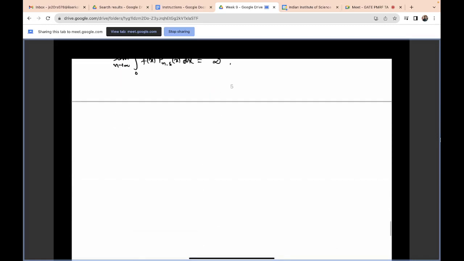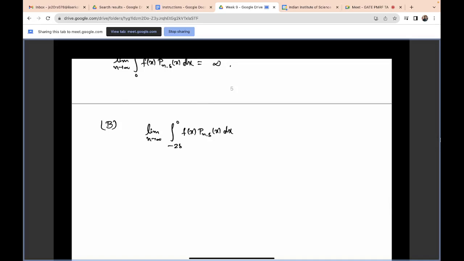Option B says the limit as n tends to infinity of the integral from minus 2 delta to 0 of f(x) P_n,delta(x) dx. Similarly, you will again write it into two parts: the limit as n tends to infinity of the integral from minus 2 delta to minus delta of f(x) P_n,delta(x) dx, plus the limit as n tends to infinity of the integral from minus delta to 0 of f(x) P_n,delta(x) dx.